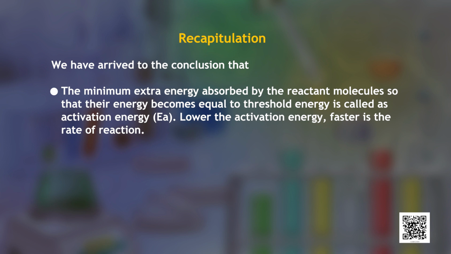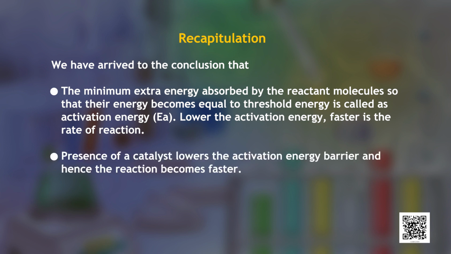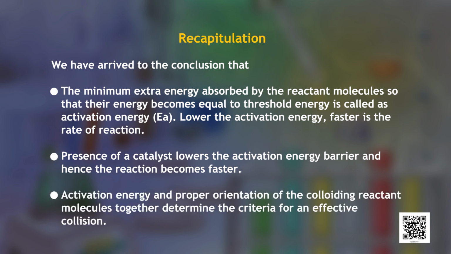The lower the activation energy, the faster the rate of reaction. Presence of a catalyst lowers the activation energy barrier and hence the reaction becomes faster. Activation energy and proper orientation of the colliding reactant molecules together determine the criteria for an effective collision.